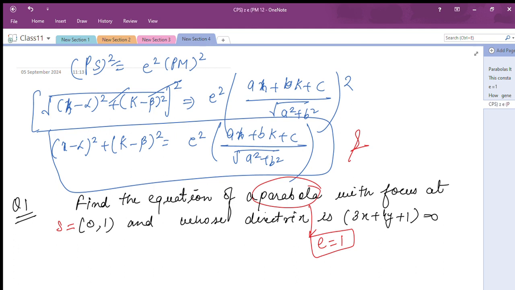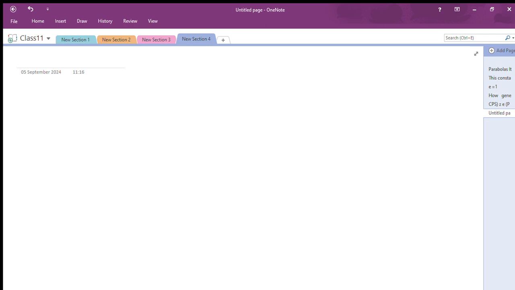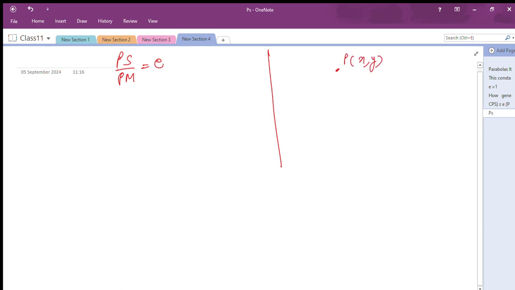First you have to find PS upon PM. Let's take another slide. PS upon PM equal to e, and P is a moving point whose coordinate, let's take x comma y or h comma k. You can take h comma k.